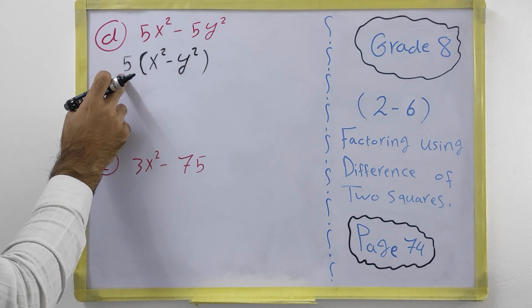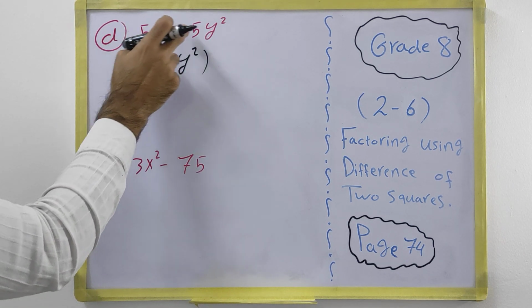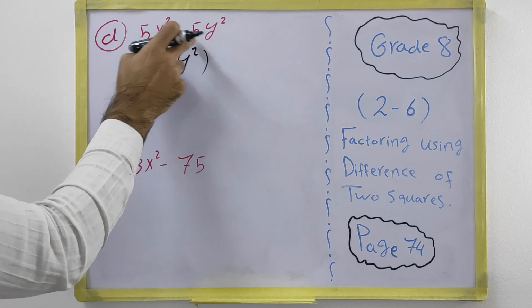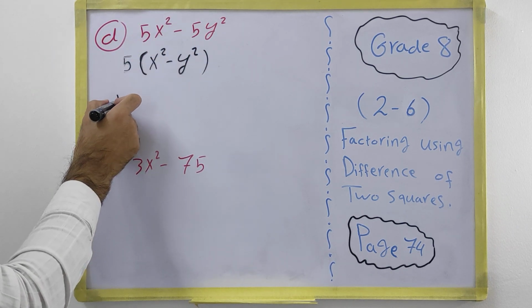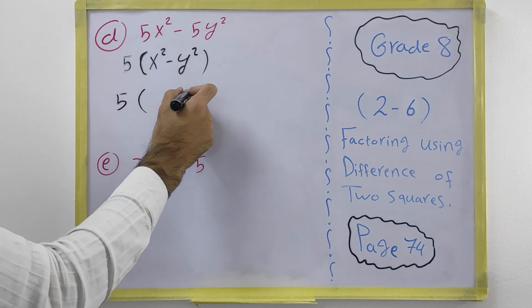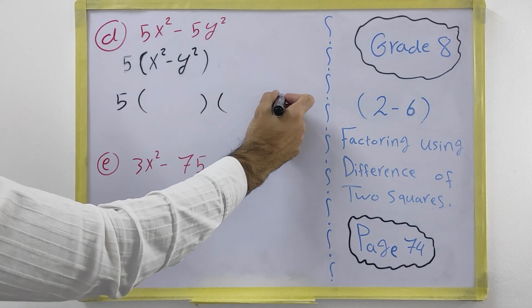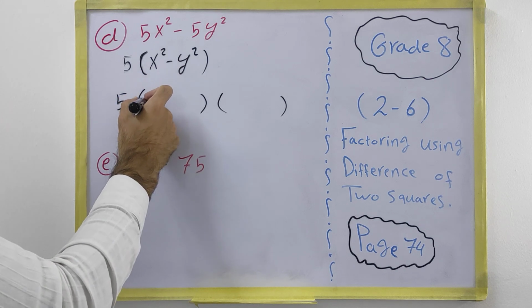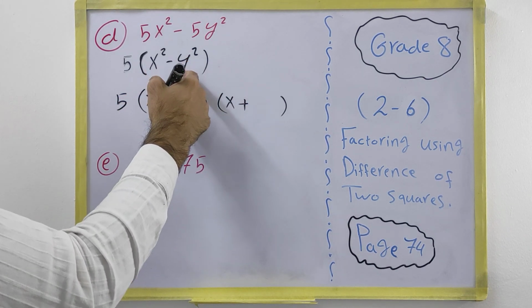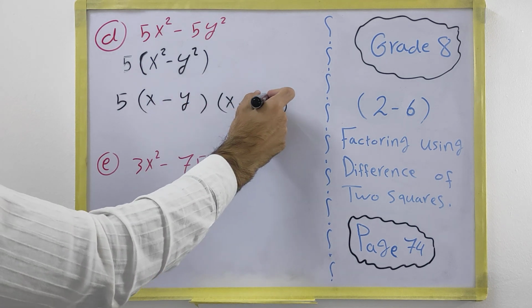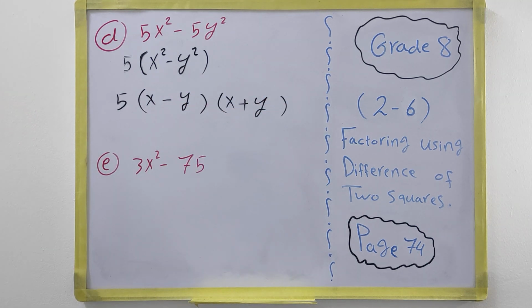We took a common factor between them, which is 5. Both of them can be divided by 5. Then we solve. 5, then 2 brackets, x minus, plus y. Just like that we did.